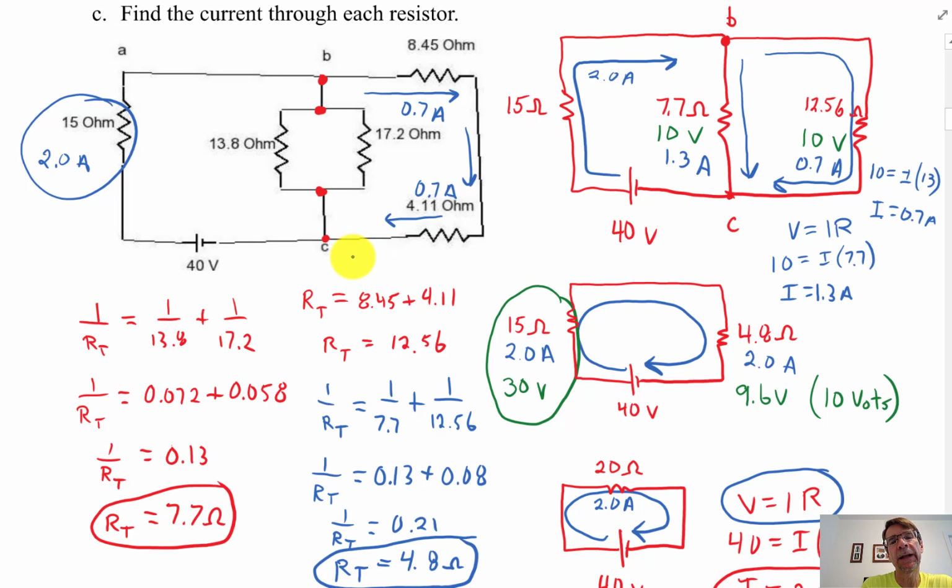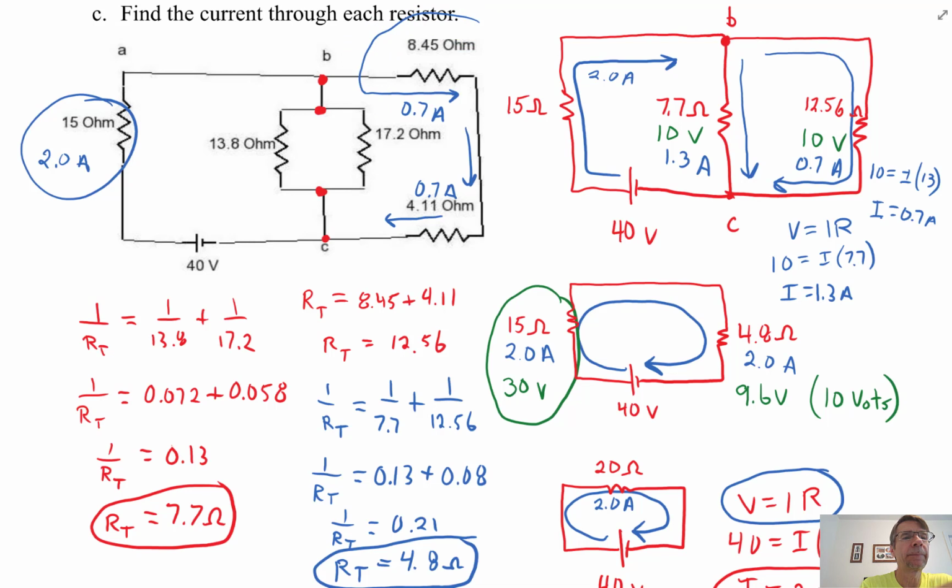They all have 0.7 amps, because in series, that's the rule. In series, they all have the same current. And the 8.5 and the 4.11 were the two resistors that gave us the 12.56. That's the outside branch way to the right from B to C, which has to have that current. All right, so we've actually figured this out now.